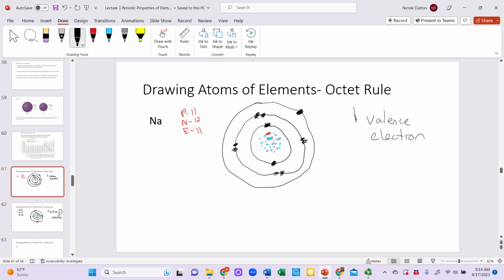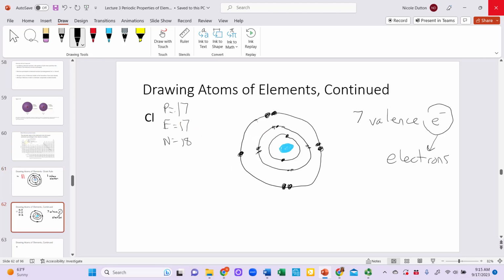So right now sodium is unhappy because this one's all by itself. Everybody wants to get married in the field of chemistry. So this one's sad, it's all lonely all by itself. This one wants to find a partner. In this shell, these two are a couple, these two are a couple, these two are a couple.